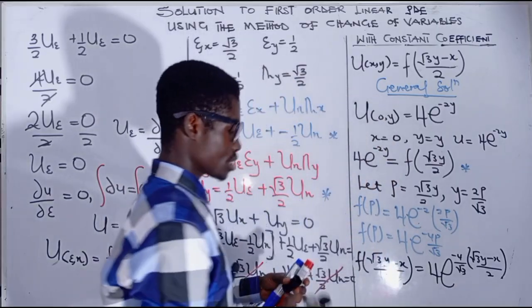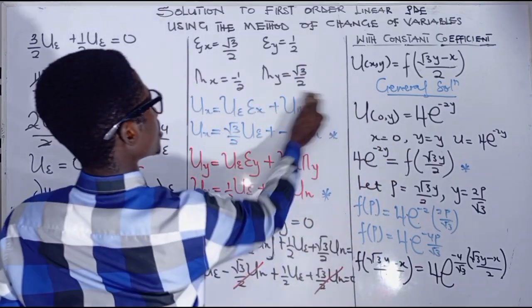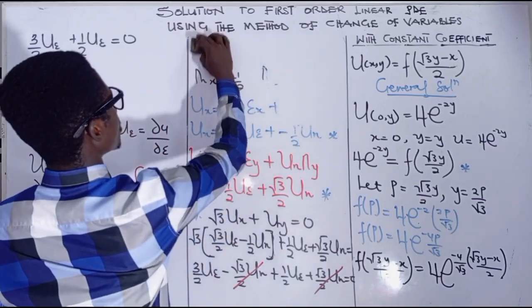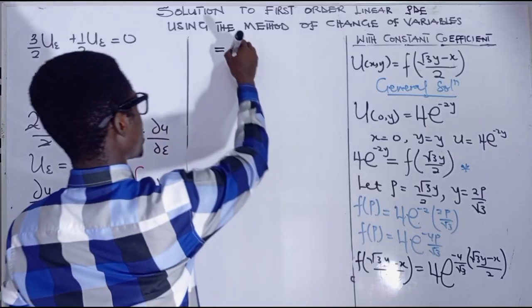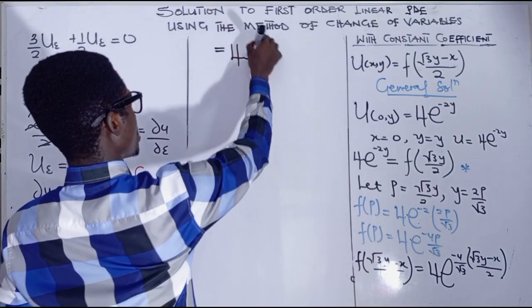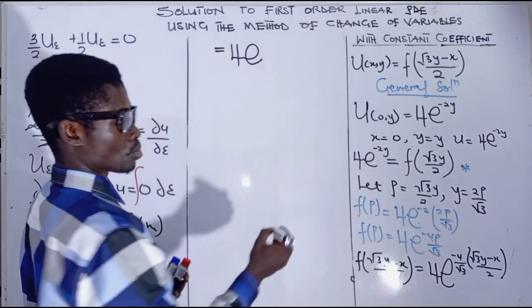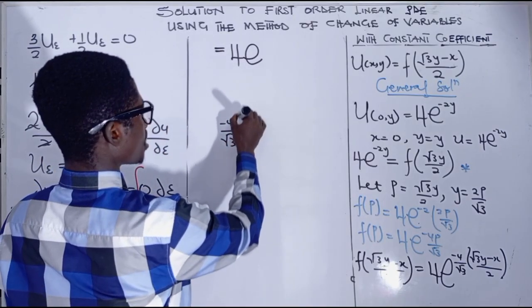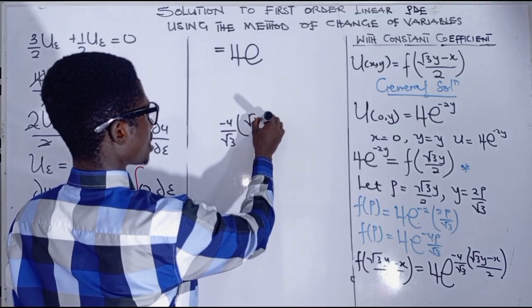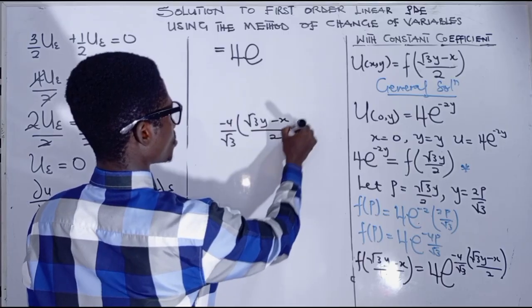From here we can do some small algebra. So let's continue from this side. We have 4e, and now with the exponent, let's simplify this more. We have minus 4 all over root 3 multiplying 3y minus x all over 2.